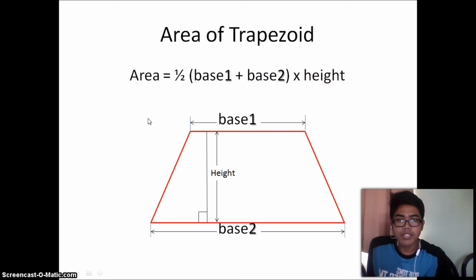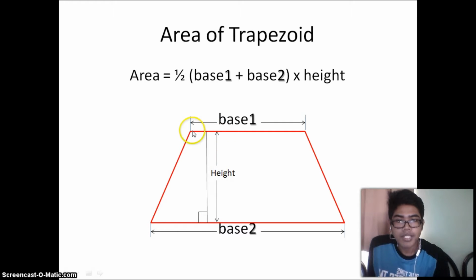So let's move on to the formula to find the area of a trapezoid. The area of a trapezoid is equal to half times base 1 plus base 2 times height. In this trapezoid, the top line is base 1, the bottom line is base 2, and you have the height right here.